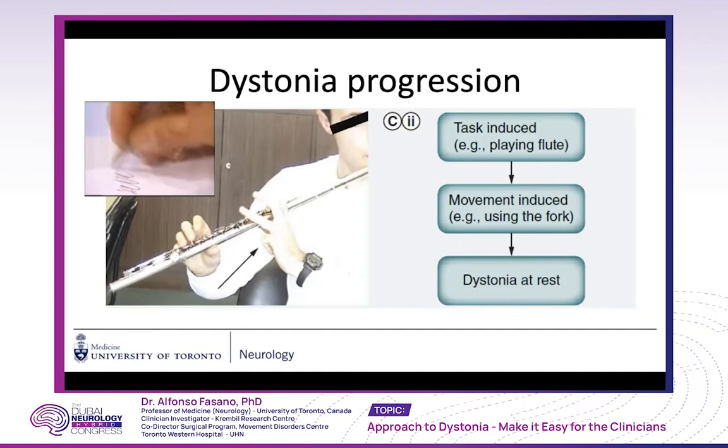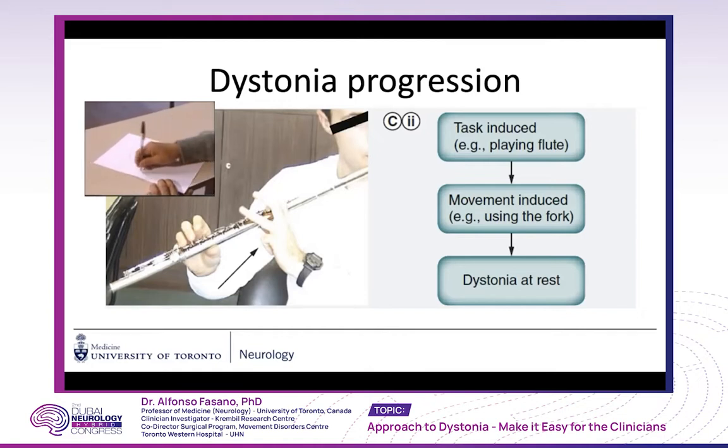Dystonia can start just during a particular task, like you see in the video in a person with writer's cramp that only has a tremor and dystonia while writing and no other features of dystonia or even tremor during other actions. In the picture, you see musician's dystonia, which is another type of task-specific dystonia, where there is dystonia on one hand and also on the lips, clearly indicating that the overuse of this particular muscle causes this dystonia.